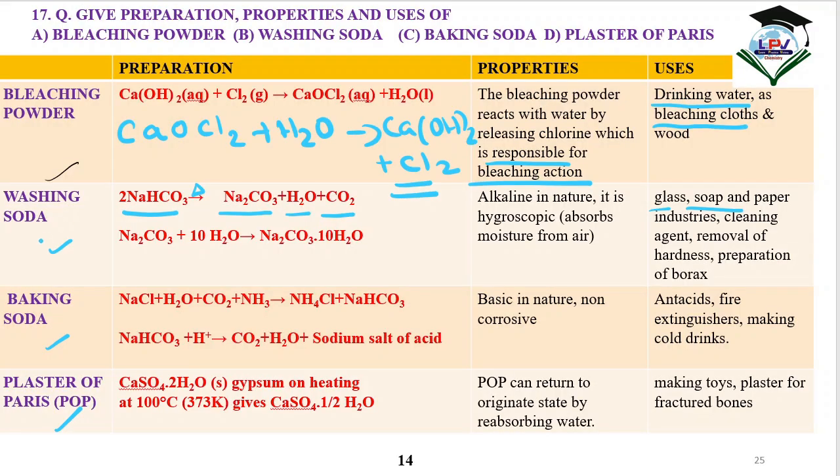The washing soda is alkaline in nature. Its pH is above 8 and it is hygroscopic in nature, which means that it absorbs moisture.